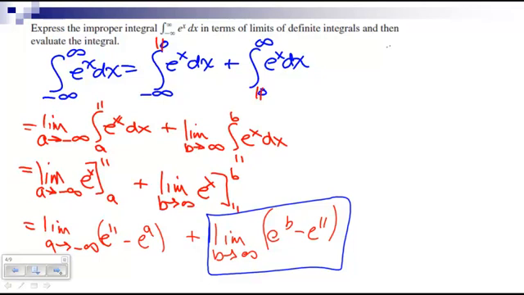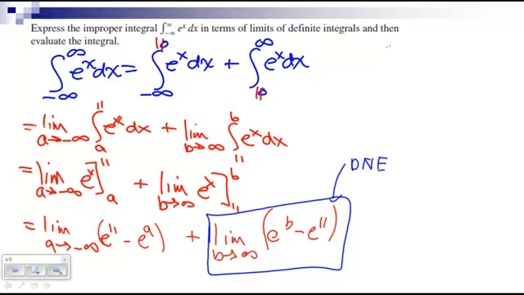If it exists, it converges to a particular number, does it? No, because e to the power of infinity is really big. It's a really big infinity. We say that this limit does not exist.